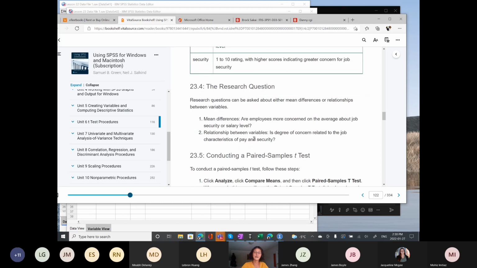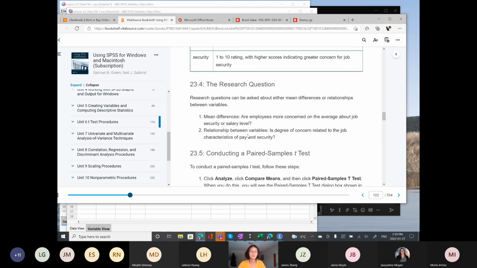So what are the questions here? We want to ask two questions. Question 1, mean differences. Are employees more concerned on the average about job security or salary level? Question 2, relationship between variables. Is degree of concern related to job characteristics of pay and security?